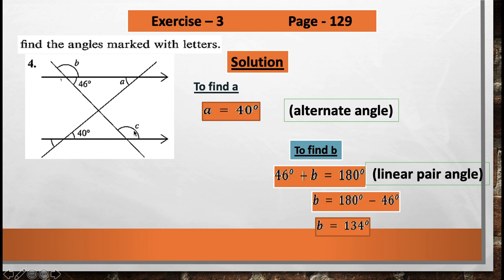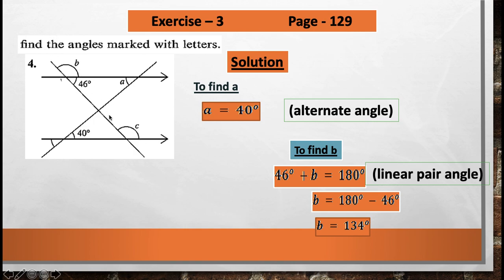Now we will find angle C. Students, is there a relation between any other angle and angle C? Yes, just see, there is a relation. Angle B and angle C are corresponding angles.